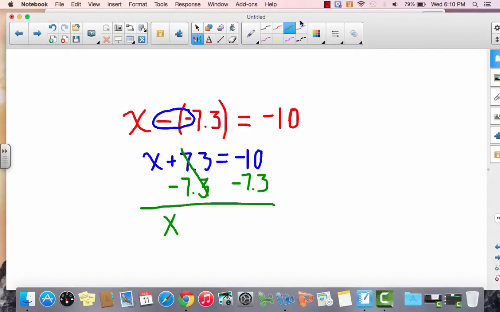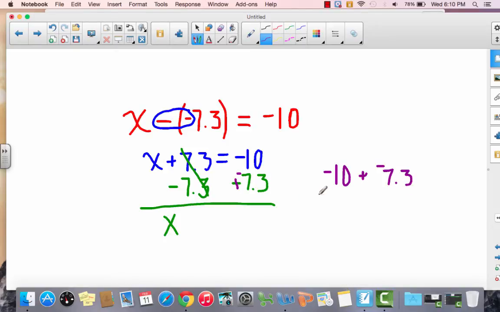And on the right, we're going to use our integer rules that we learned. So when I'm subtracting, I'm adding the opposite. So this is really negative 10 plus negative 7.3.